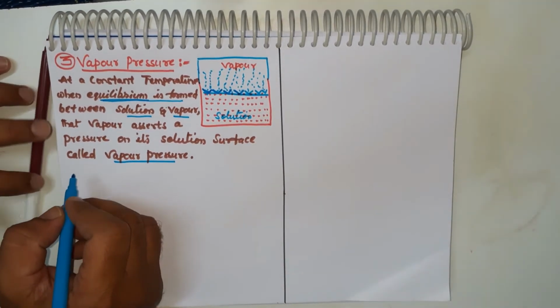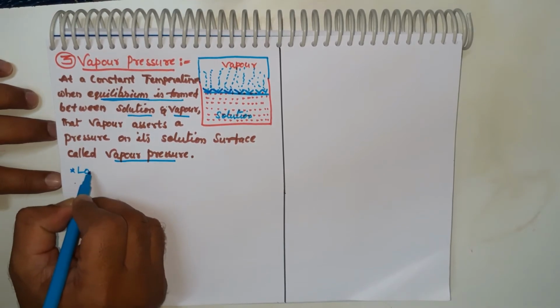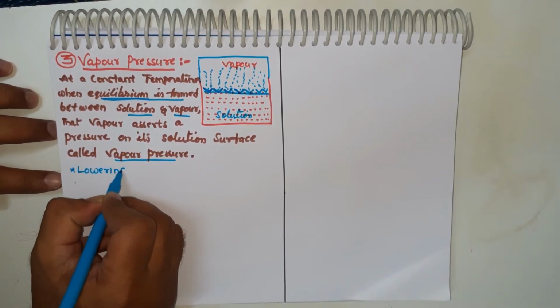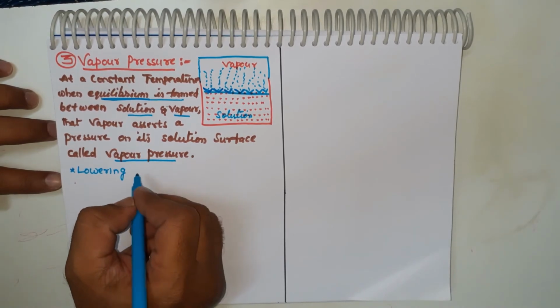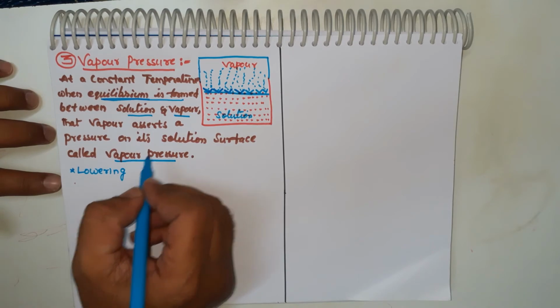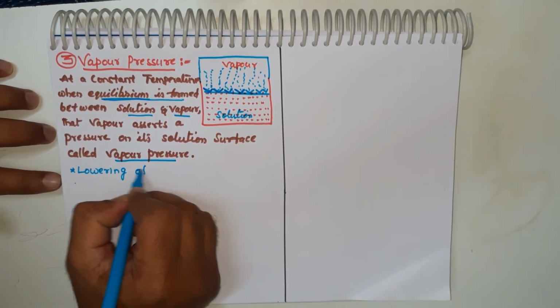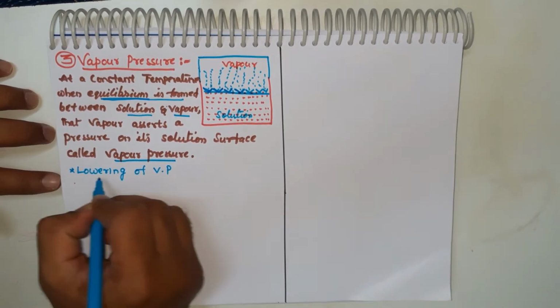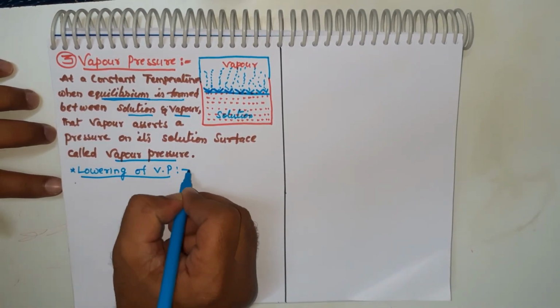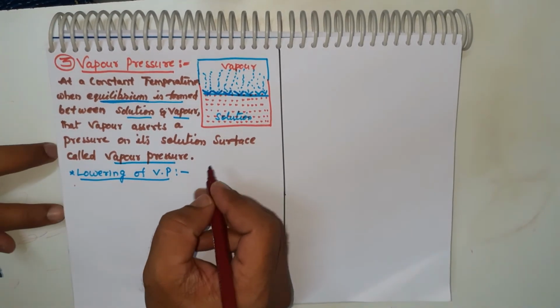Next one is lowering of vapor pressure. Already we discussed in elevation of boiling point, the same is because of the solute particles present on the surface.